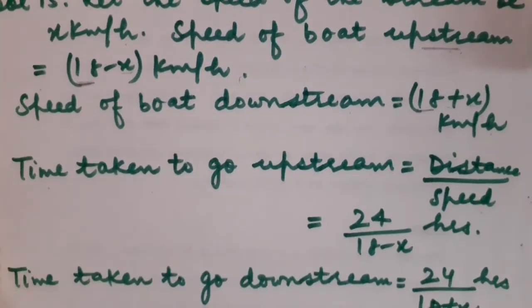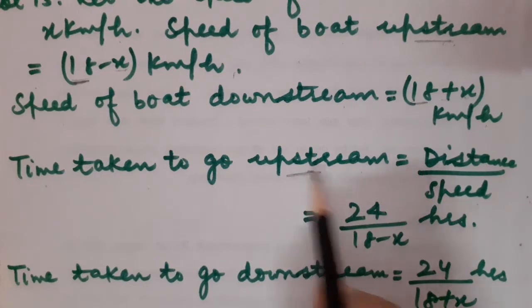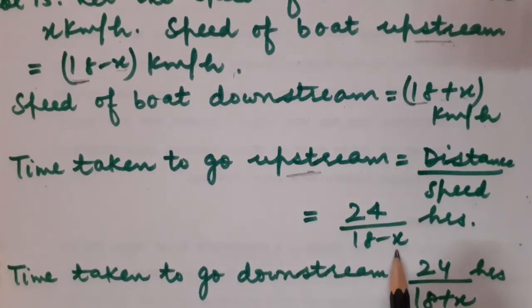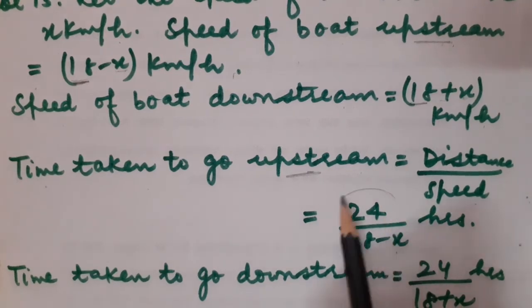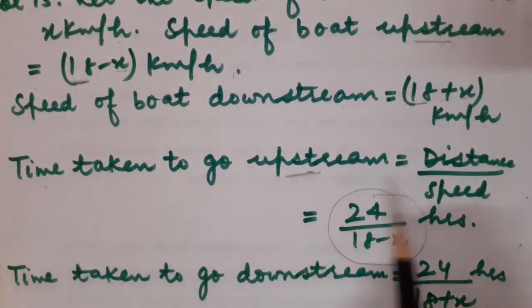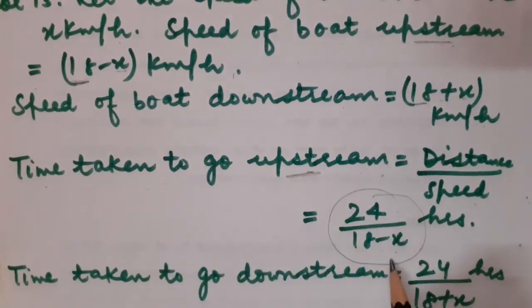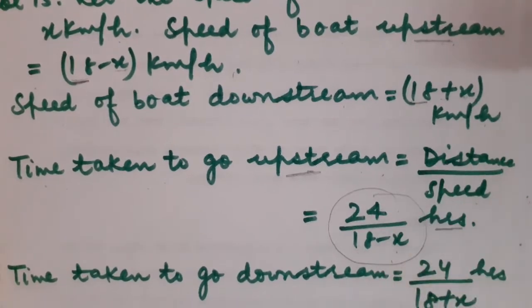Distance is 24 km. Fine. And what is the speed in case of upstream? That is 18 minus x, we have just calculated, 18 minus x km per hour. So this is distance upon speed, which is the time taken to go upstream. Fine. So this many hours the boat is going to take when it is moving towards upstream.